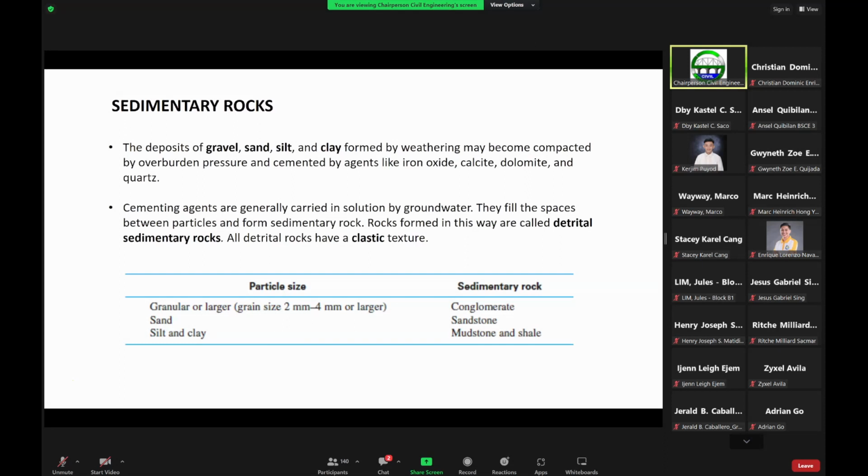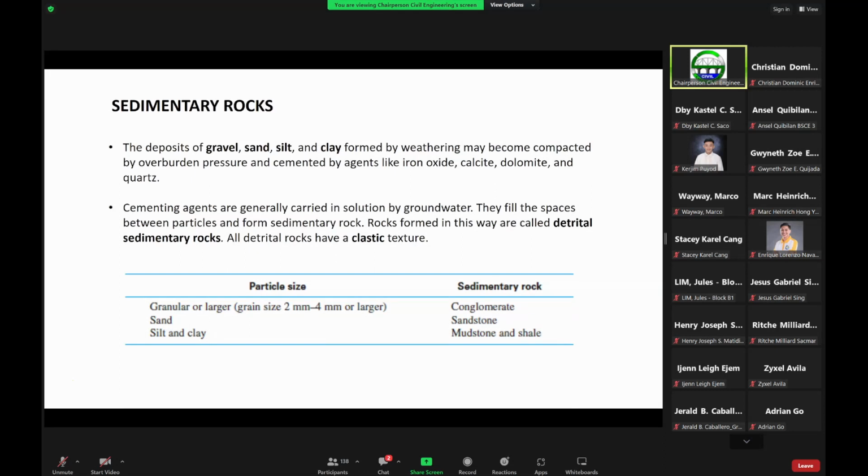Okay. So far we have discussed igneous rocks. So let's talk a little bit about sedimentary rocks. The deposits of gravel, sand, silt, and clay formed by weathering may become compacted by overburden pressure, and they can be cemented by agents like iron oxide, calcite, dolomite, and quartz. Okay.